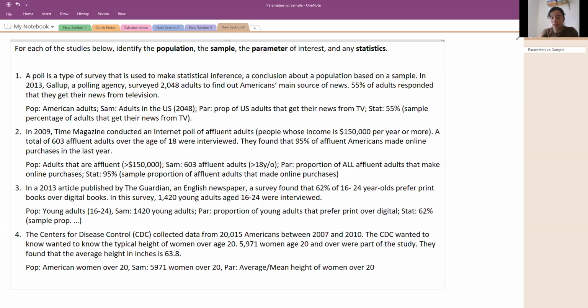And so the statistic by which we're going to evaluate this is the sample mean, or sample average, for the height of women over 20. And so this is going to be 63.8 inches, which is the sample average height of women over the age of 20. Does everybody understand this? So this is the average that I evaluated for the sample.